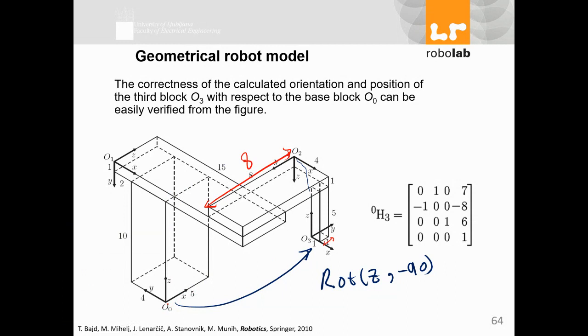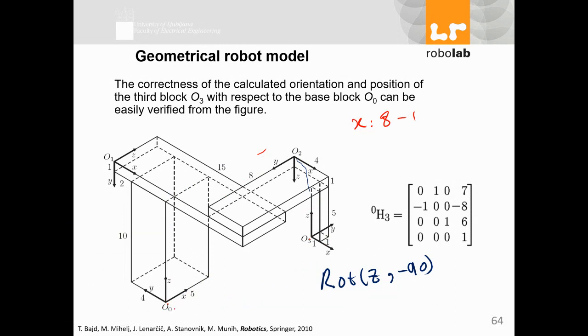But there is one coming back because of the thickness of the end effector or that link, so it will be 8 minus 1. So X will be 8 minus 1.